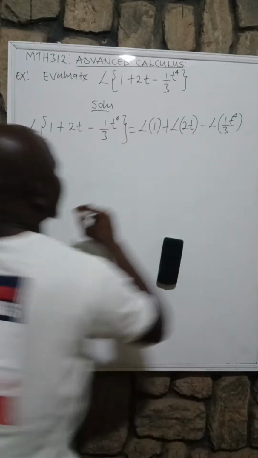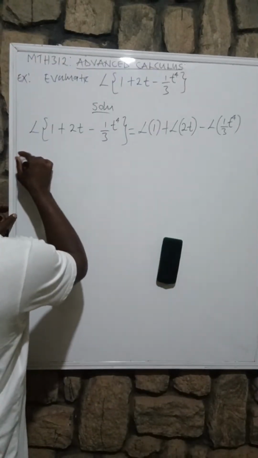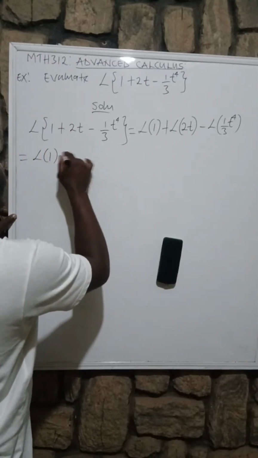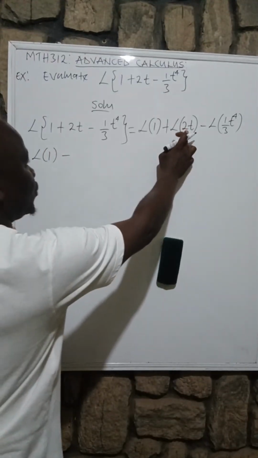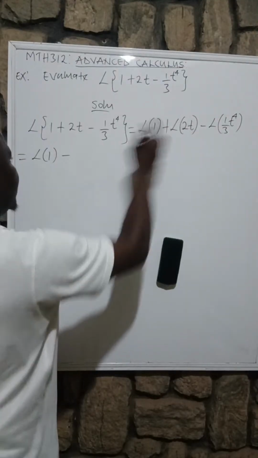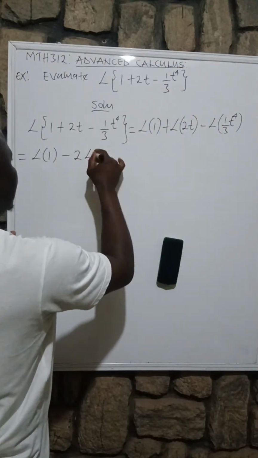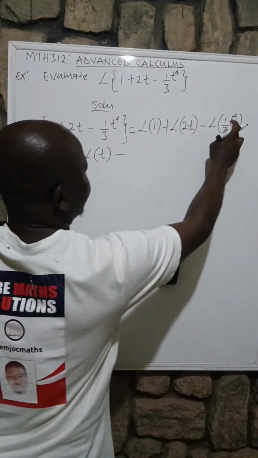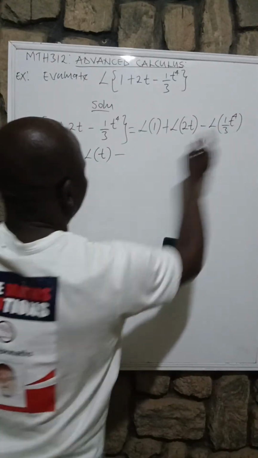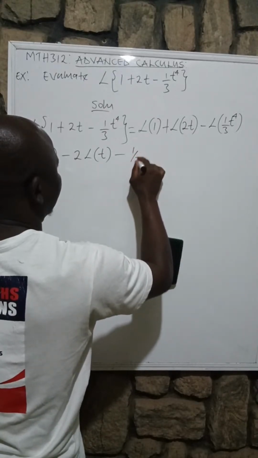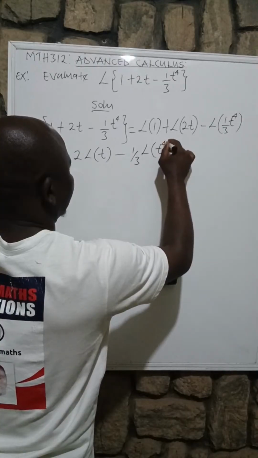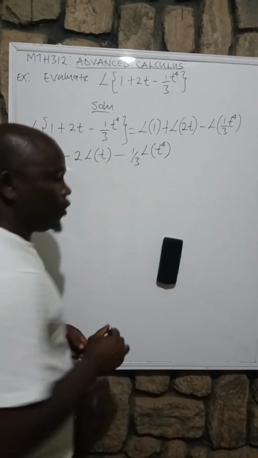So we can still rewrite it in this form. Laplace of 1 minus, the coefficient of t here is 2, so 2 Laplace of t, then minus the coefficient of t raised to the power 4 is 1 all over 3, so 1 all over 3 Laplace of t raised to the power of 4.